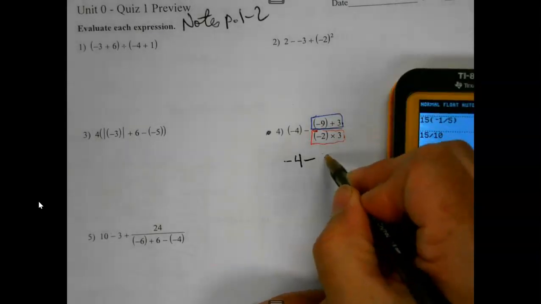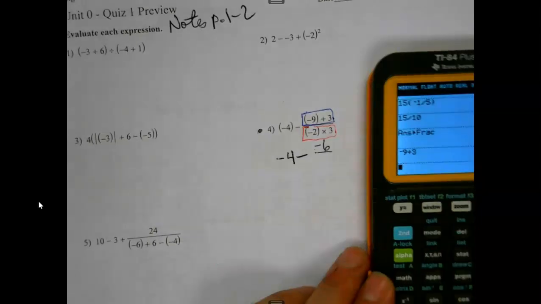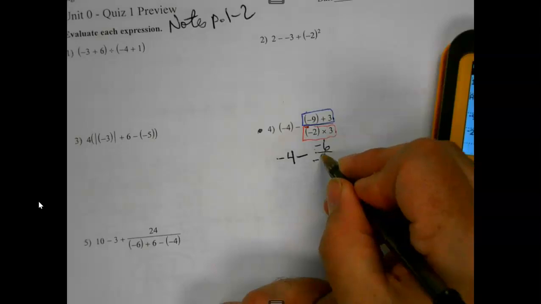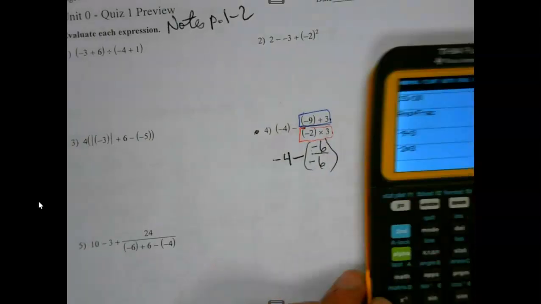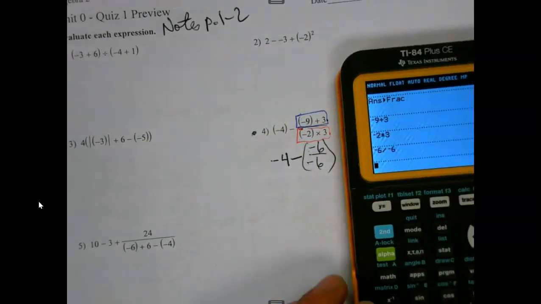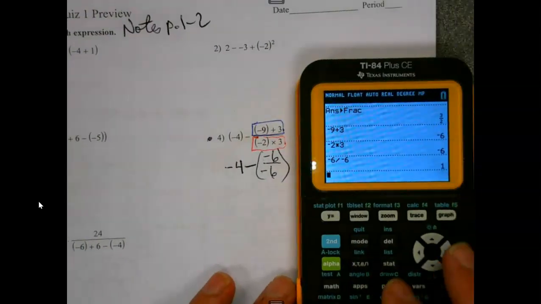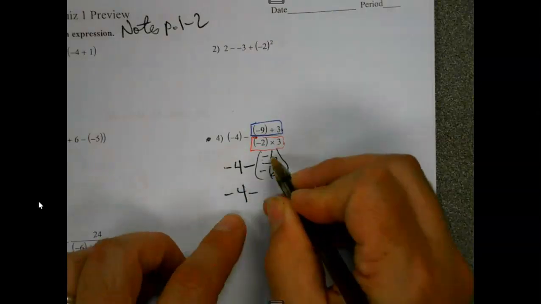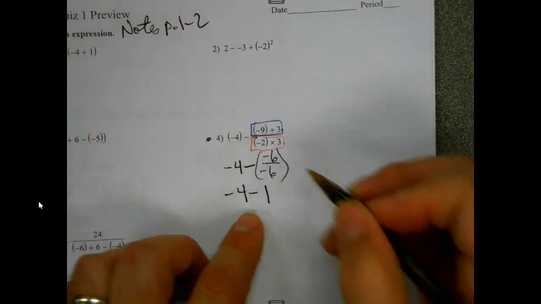So that's -6. And -2 times 3 is -6. So negative divided by negative is going to be positive. So the positive one is in here.